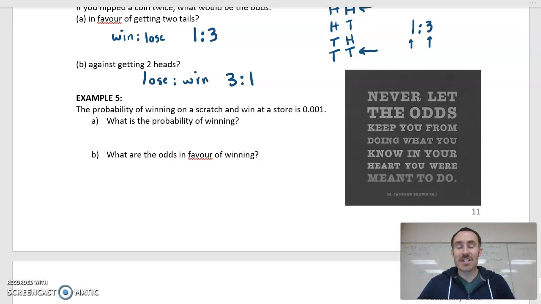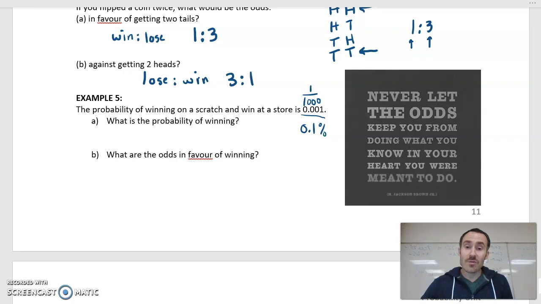So let's not take that as great odds at becoming a lottery winner. If we wanted to change 0.001 to a percent, we would multiply it by 100, and that would get us 0.1%. Not a great probability. Or as a fraction, it would be 1 out of 1,000.